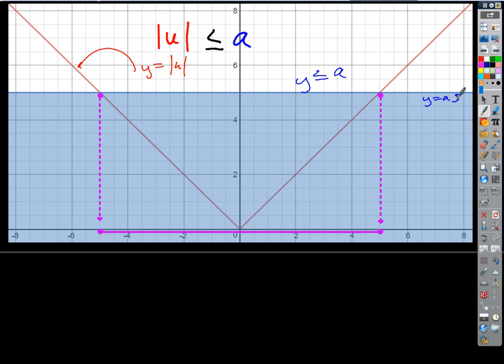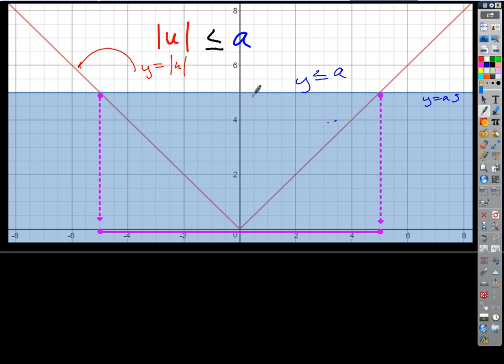But if you think back to the stuff we talked about at the very beginning of the year, when we want to graph an inequality, we want to get everything that's equal to a, so that's the line, but how would we represent everything that's less than? If y is less than the boundary line, what are we going to do? In the xy plane, where are all the places where y is less than a?